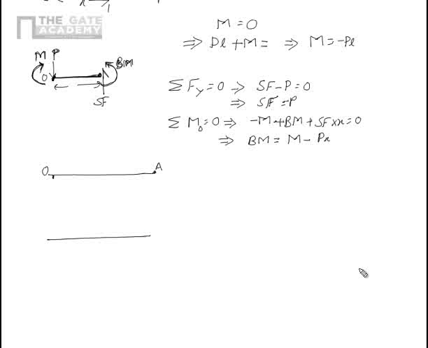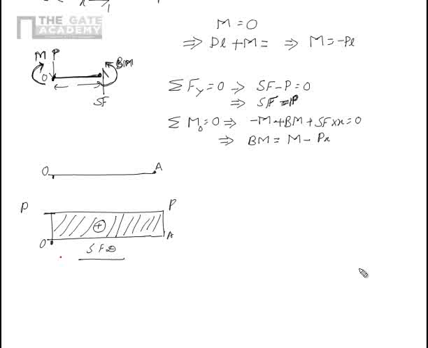So shear force is always equal to the applied force P, which means it is plus P, which means it is a positive shear force everywhere and it is independent of X. So the shear force acts like this. This is P, this is O, this is A. This is the shear force diagram, SFD.